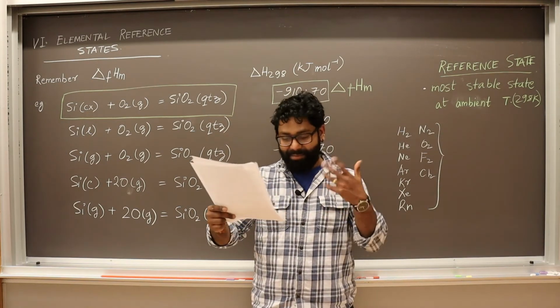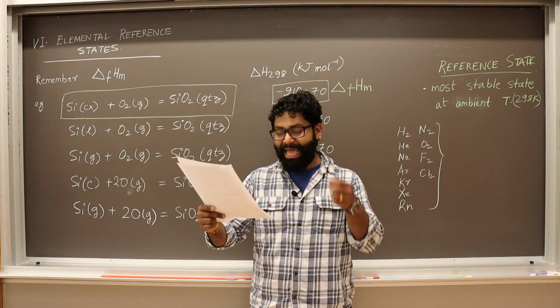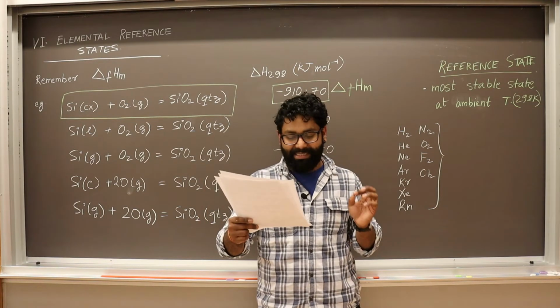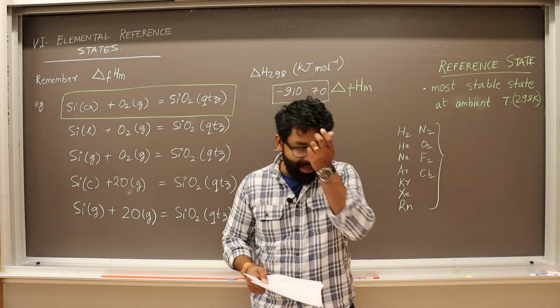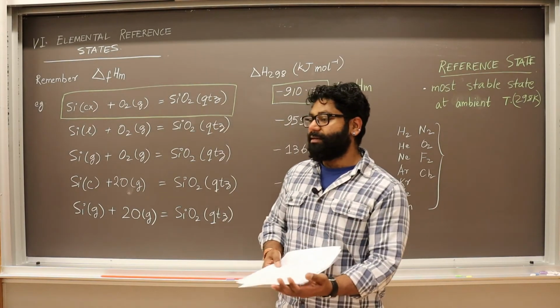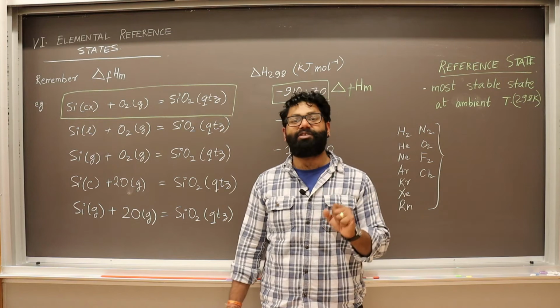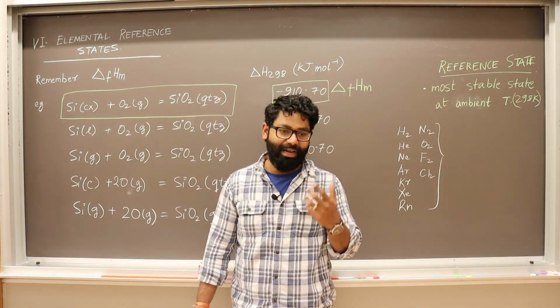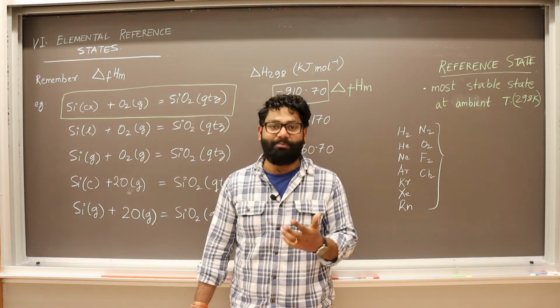It's written here, I'm just reading out, that by definition, the enthalpy of formation of an element in its reference state is 0 at all temperatures. As I said before, calculating the absolute value of H is not possible. The absolute value of enthalpy of anything is not possible.